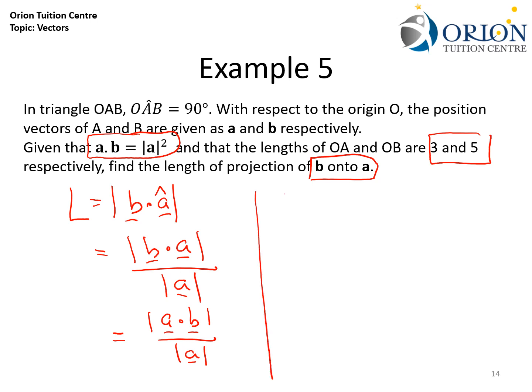Now, A dot B, we know that it is equal to mod A squared as given in the question, which gives us mod A squared divided by mod A. And if we reduce this, we will end up with just mod A, and this gives us 3. And therefore, the length of projection of B onto A is simply 3 units.